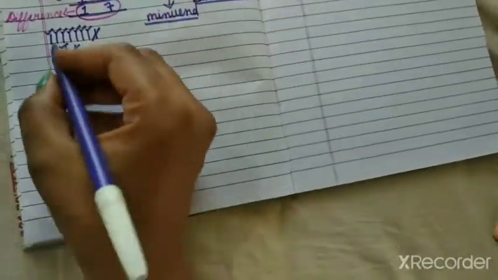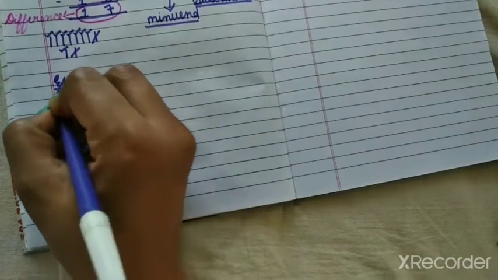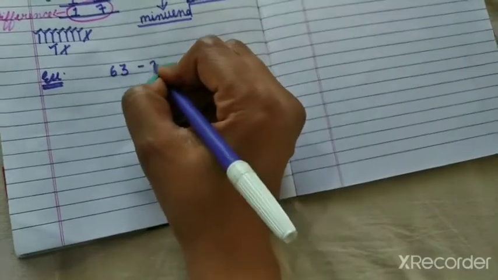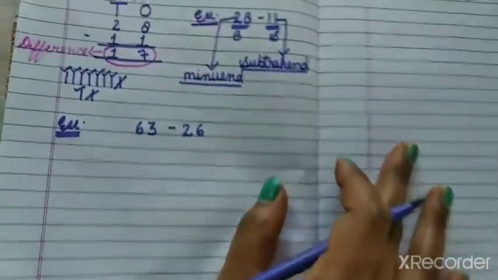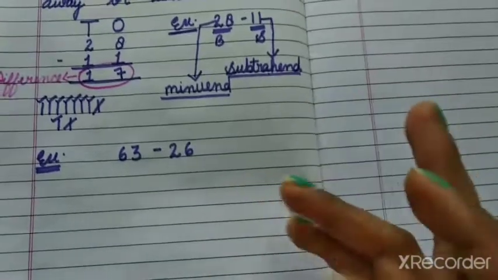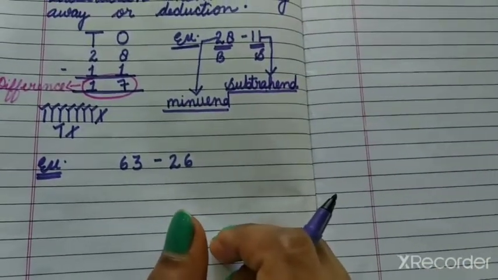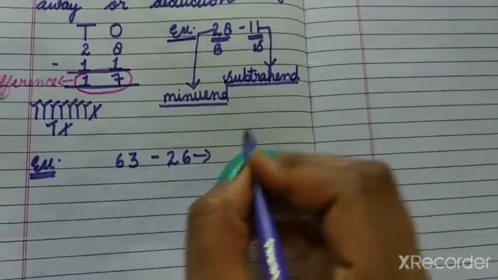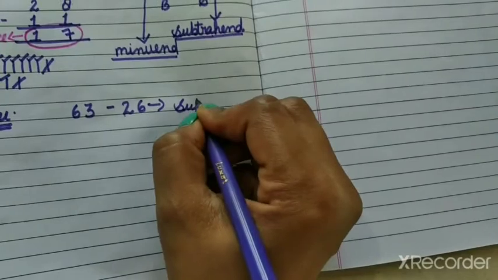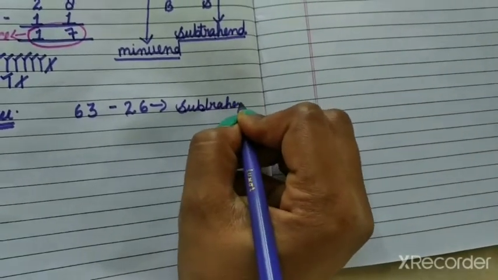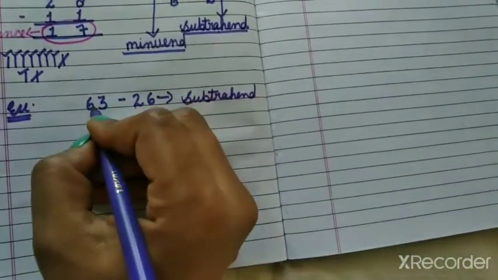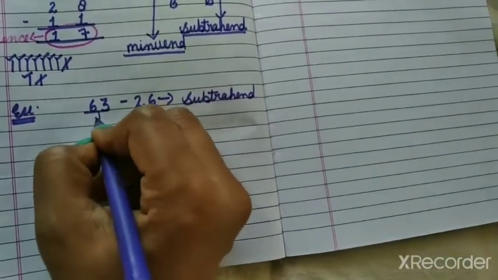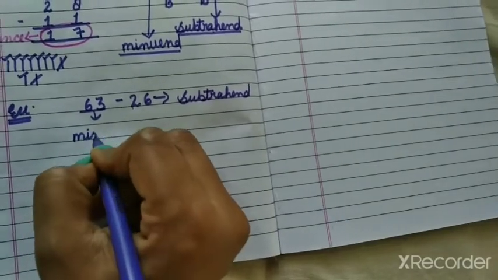One more example we will do. 63 minus 26. Okay, children. Now tell me which one is a minuend and which one is a subtrahend? Yes, 26 is a smaller number. So this is a subtrahend. And 63 is a bigger number. This is a minuend.